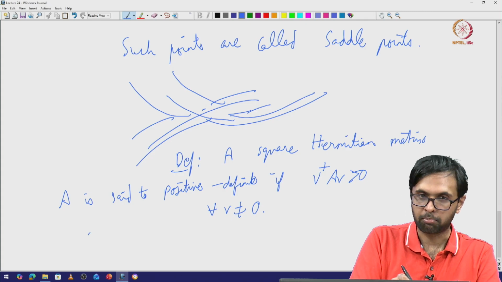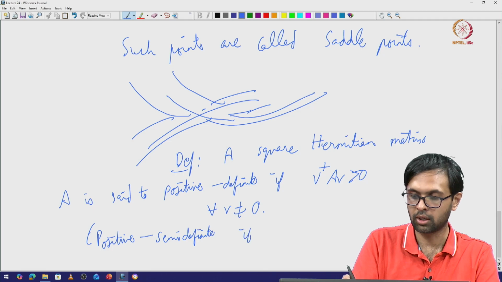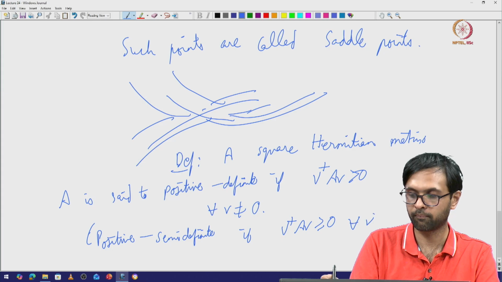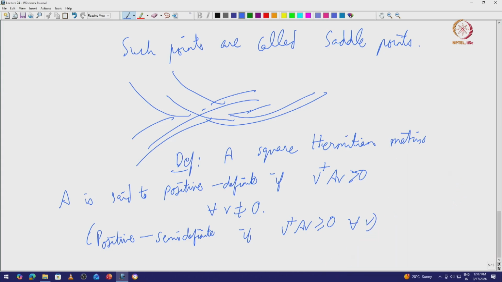Likewise, it's said to be positive semi-definite if v dagger A v is greater than or equal to 0 for all v. So I'm allowing equality also. So for example, the 0 matrix is positive semi-definite.